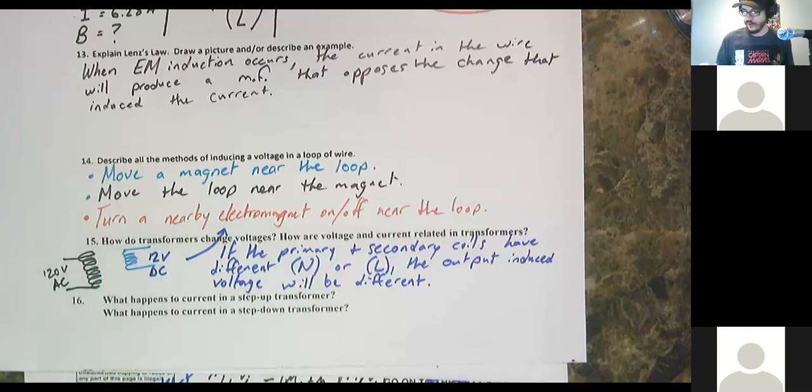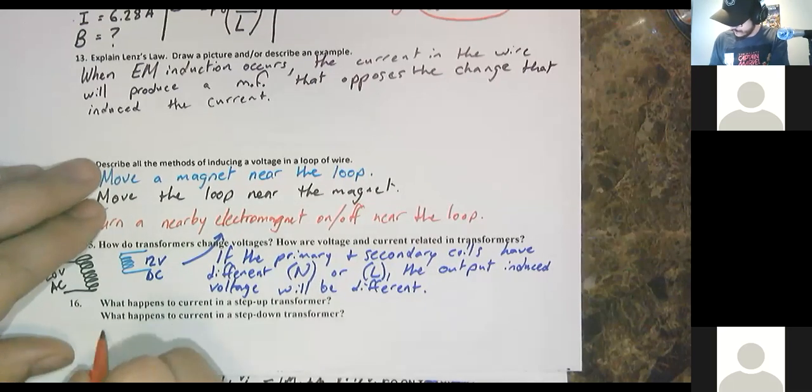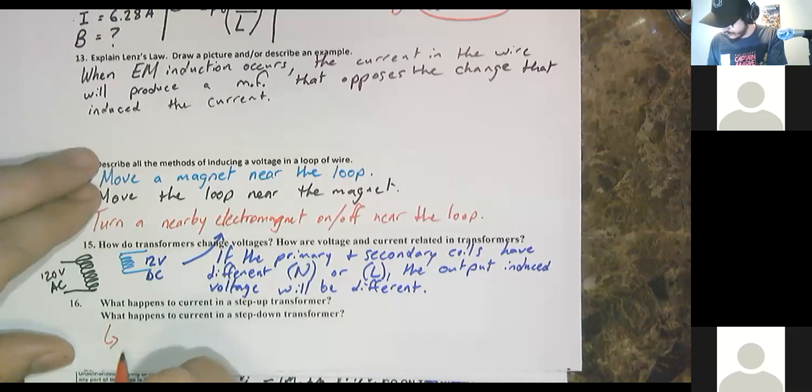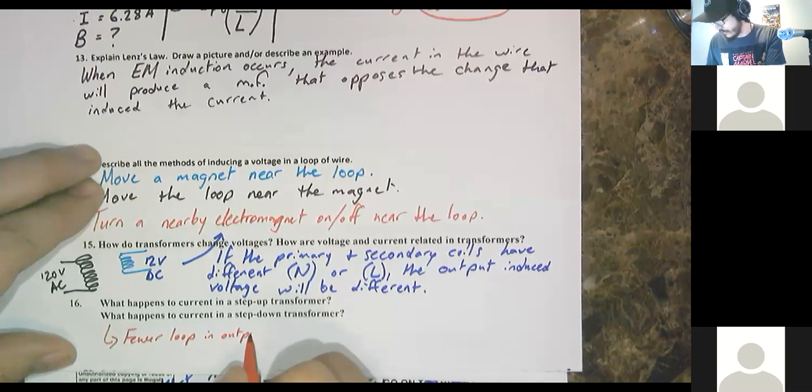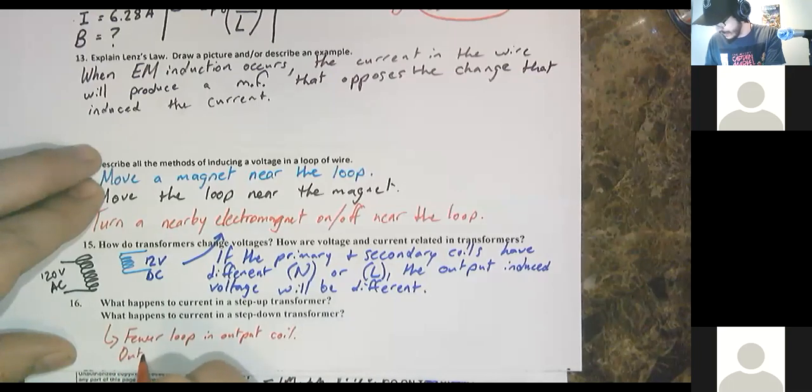This is an example of what is called a step-down transformer, where you have fewer loops in the output coil, so the voltage is reduced. It steps down to a lower value. So in a step-down transformer, you have fewer loops or less loop density in the output coil, and the output induced voltage is reduced.